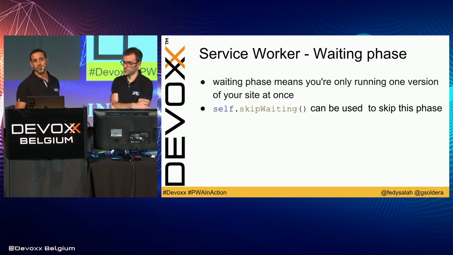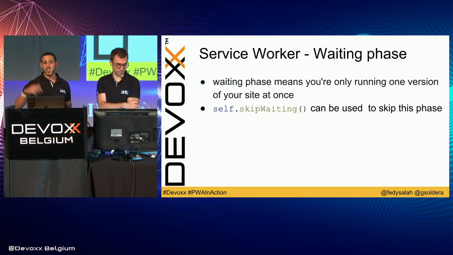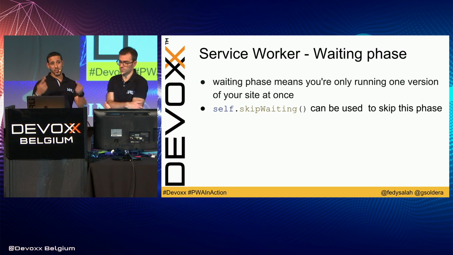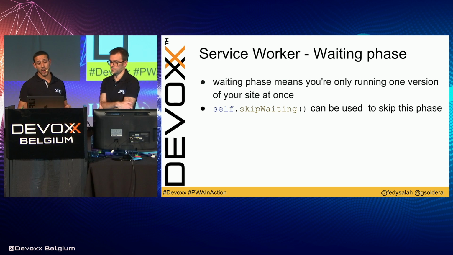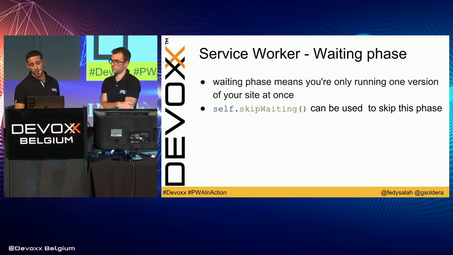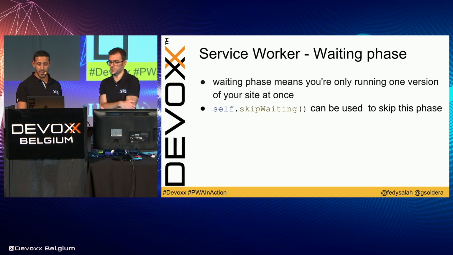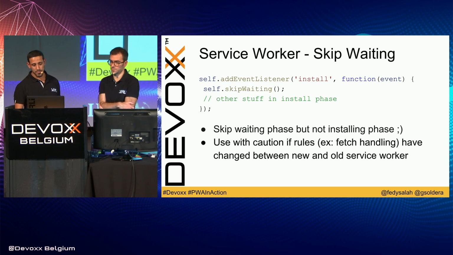This API is very useful because we will not ask our user every time to kill his app because we uploaded a newer version. So skipWaiting might do the trick, and it works smoothly. We also have a demo for that in a few minutes. So that's the use case of skipWaiting.